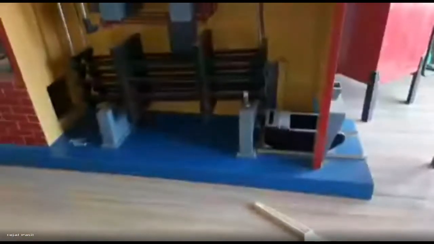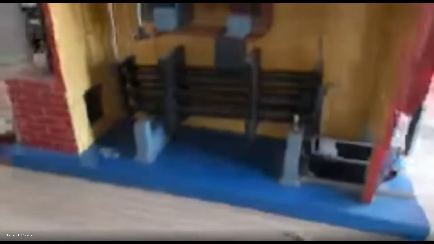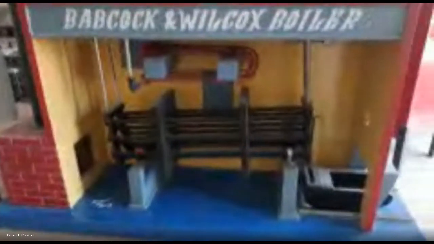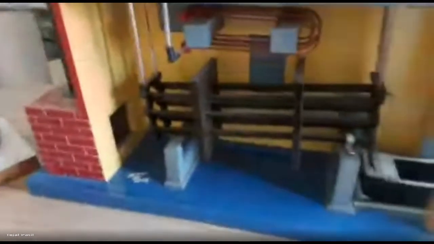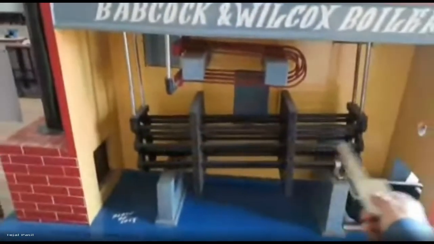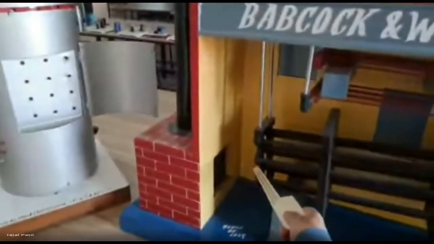Then next one is the uptake header and downtake header. These are not mountings, it is inside the boiler. So you can see here in the Babcock Wilcox boiler, these main tubes are placed a little bit inclined. This is the uptake header and this is the downtake header.